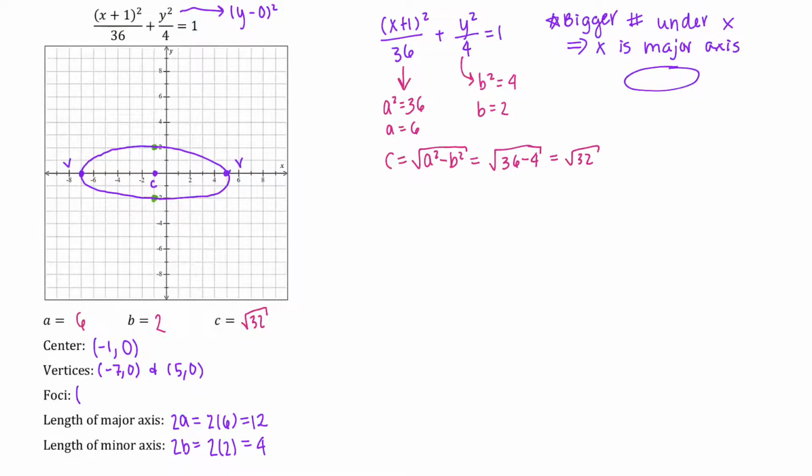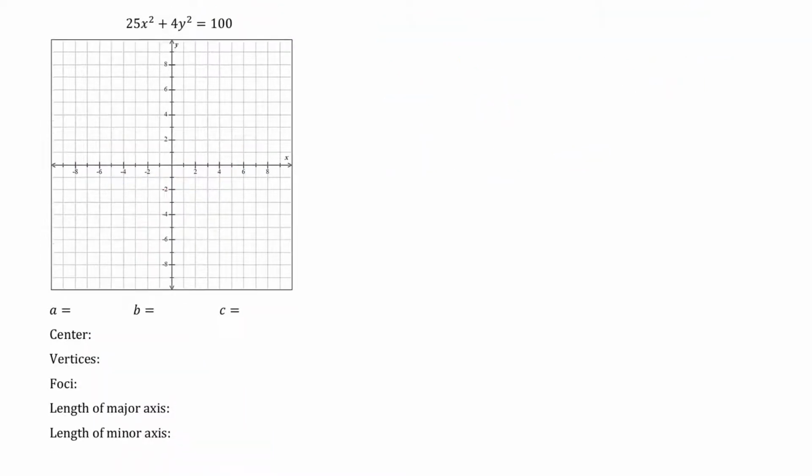So this one would be -1 minus square root of 32, 0, and -1 plus square root of 32, 0. And that's that. Let's do another.